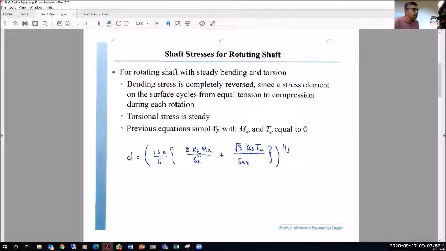Obviously, I cannot come up with an exact Kf, an exact Kfs, and an exact Se without knowing the dimension. So here comes the dilemma: how and where do I start? Some engineers with experience, if you're designing shafts day in, day out, after looking at the loads, can probably come up with a good estimate of dimensions that are going to work for this particular shaft.